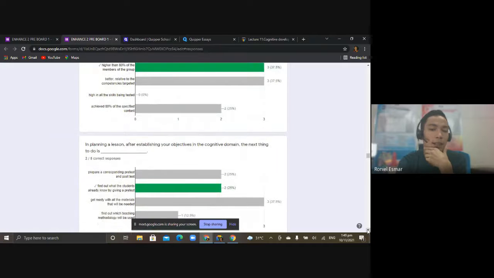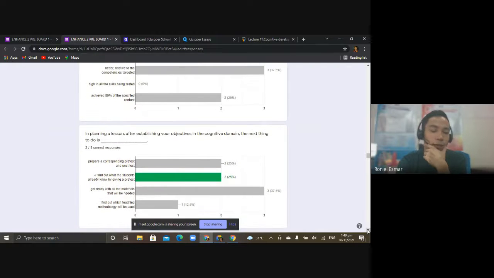Next, in planning a lesson after establishing your objectives in the cognitive domain, the next thing to do is: A, prepare a corresponding pre-test and post-test. B, find out what the students already know by giving a pre-test. Letter C, get ready with all the materials that will be needed. Or the last option, find out which teaching methodology will be used.